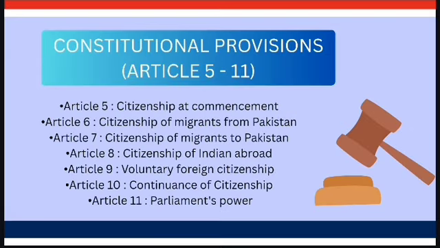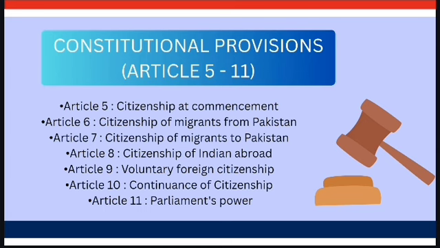Next are our constitutional provisions from Article 5 to 11. The Constitution originally laid down provisions regarding citizenship in Article 5 to 11. Article 5 deals with citizenship at the commencement of the Constitution. Article 6 concerns migrants from Pakistan to India. Article 7 deals with persons who migrated from India to Pakistan.